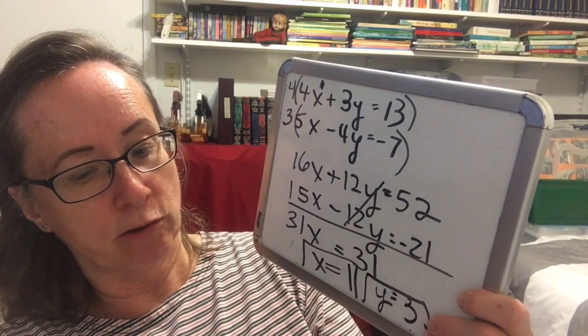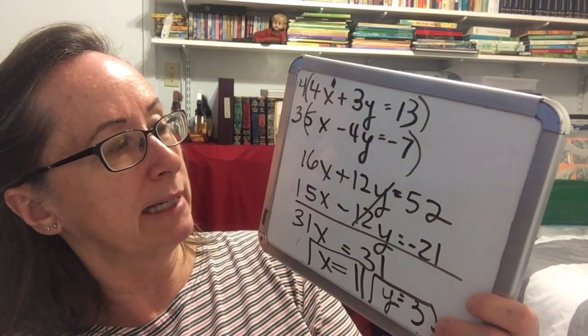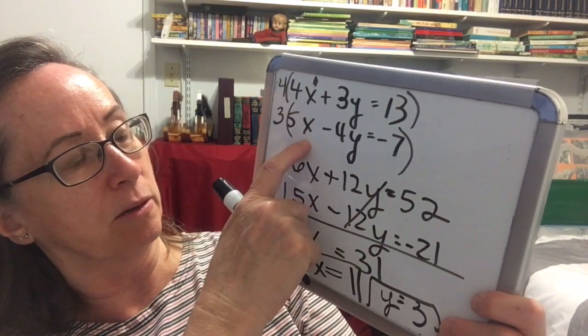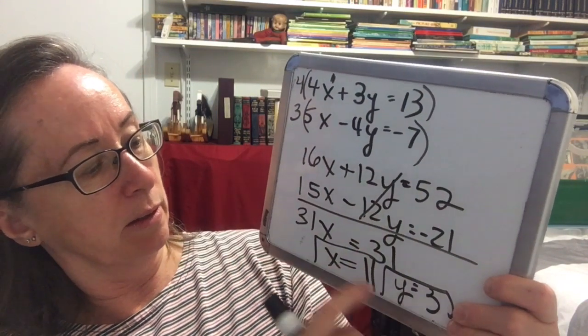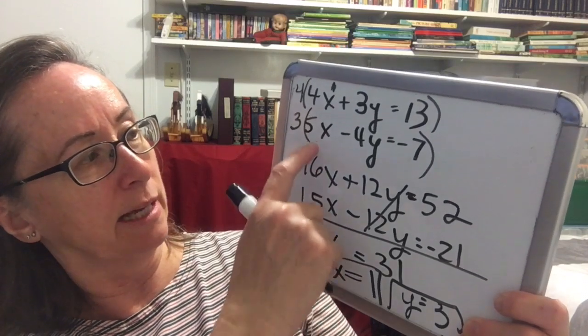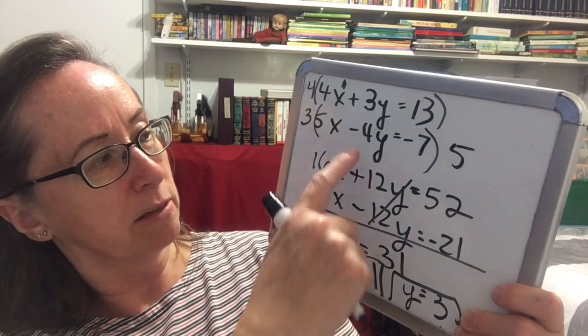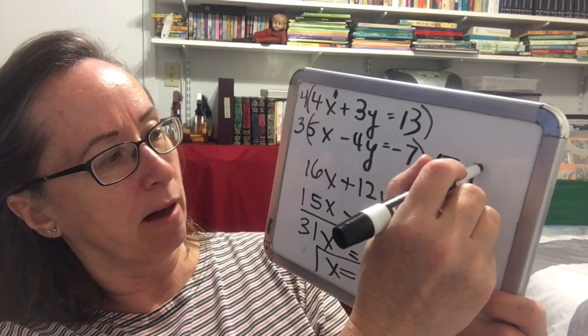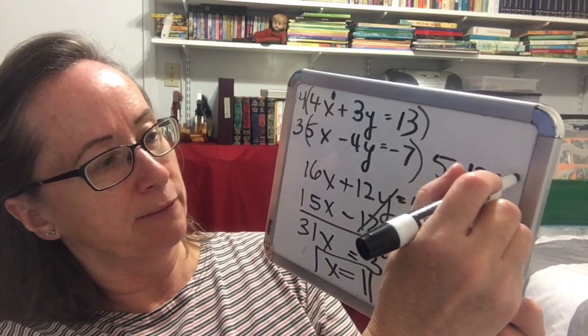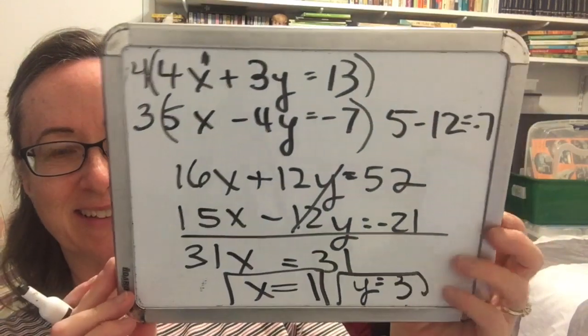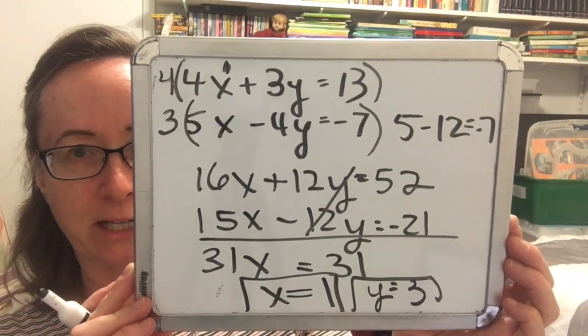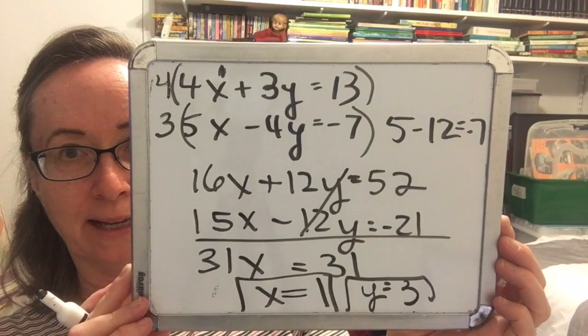And then we need to check that by plugging it into the second equation. All right, so we're going to plug in x is 1, so we'd get a 5. Y is 3, so we get a negative 12 is negative 7, and that is true. So it works in both equations, and our answer is 1, 3.